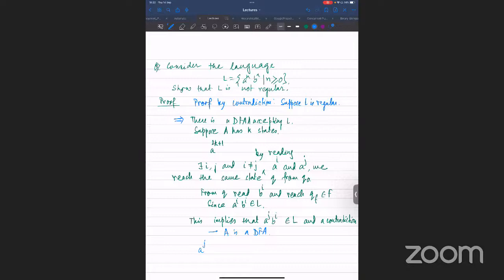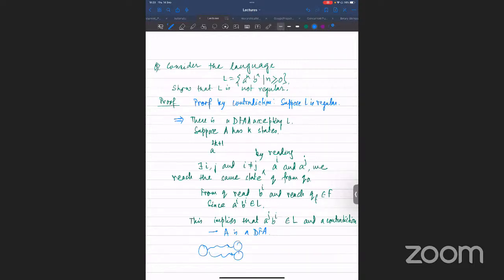That can happen. But if you consider one run, there exists some run, you can still say that I can reach from the initial state to this q. And then if you read this particular b^i, it should still go to that accepting state. So suppose you have an NFA and there can be several such possibilities, right?